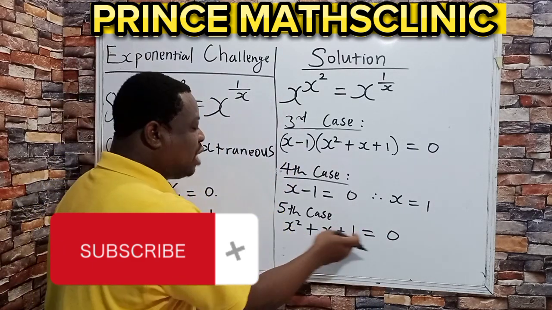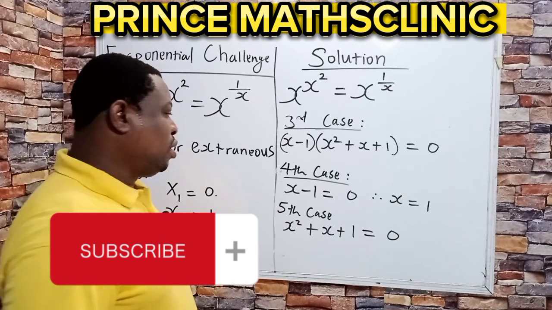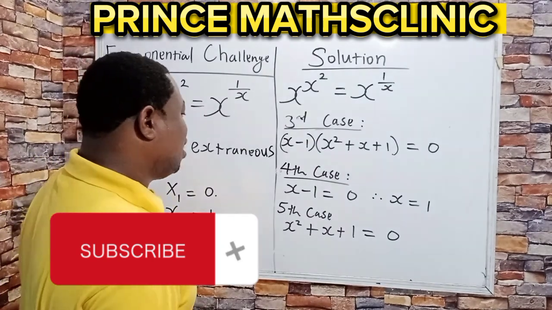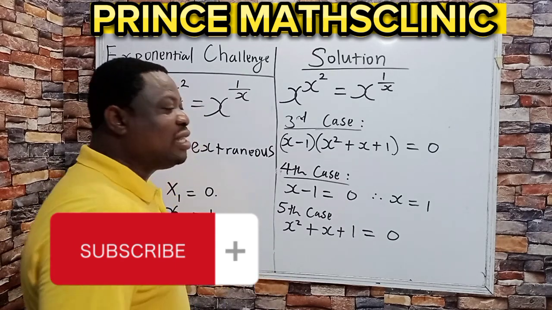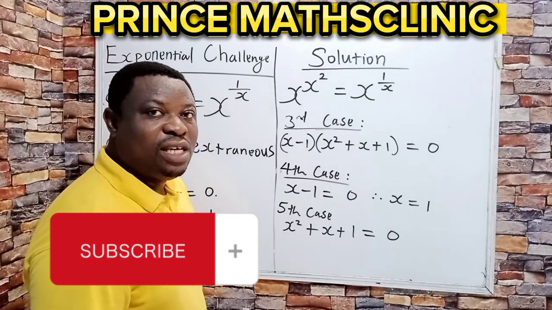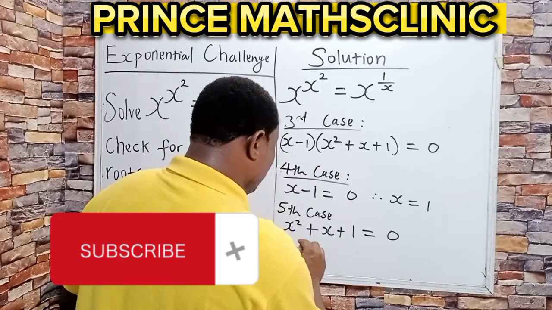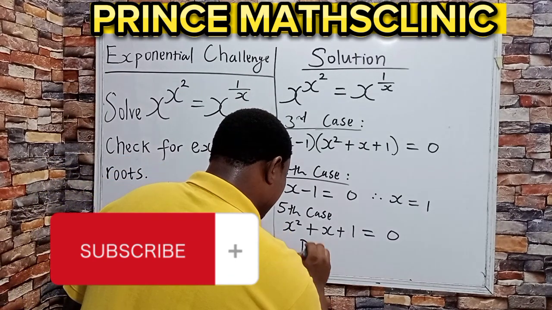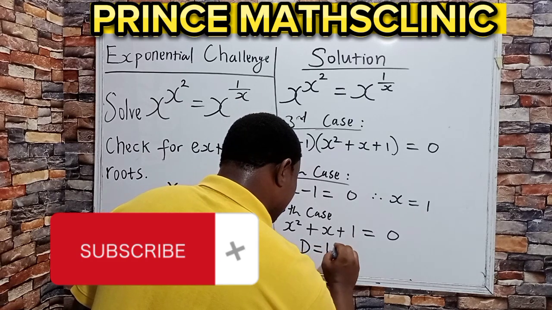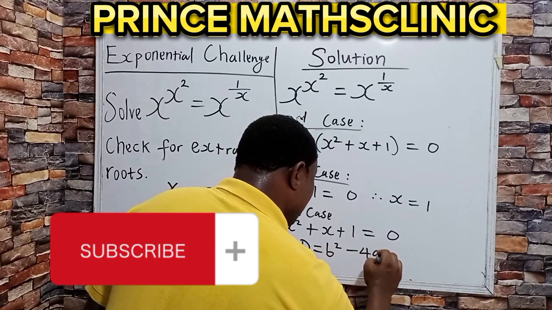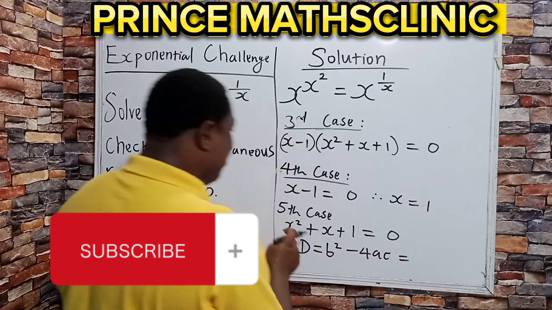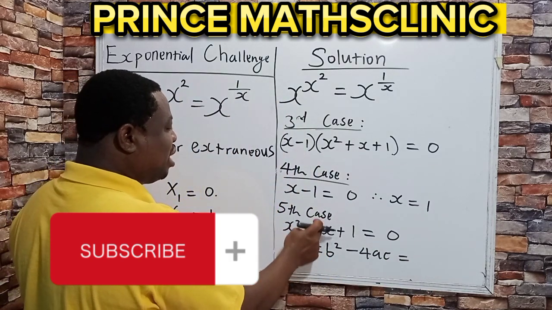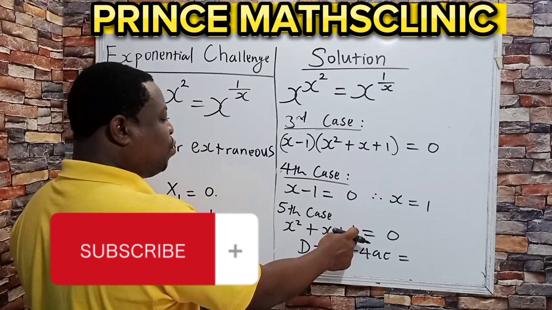Now, this is a quadratic equation. And in treating the quadratic equation, we need to first of all find out what the discriminant is, to see if it's going to give us a real solution. And my discriminant is simply b squared minus 4ac, where my invisible one here is my a, my invisible one here is my b, then my c is also 1.